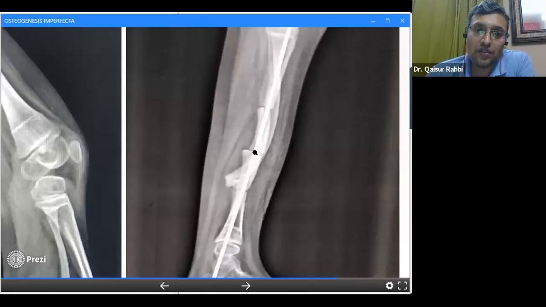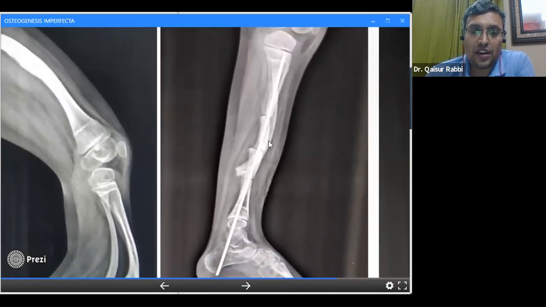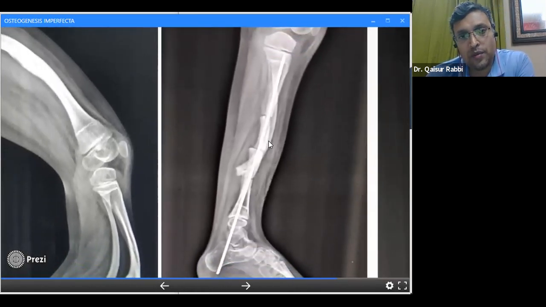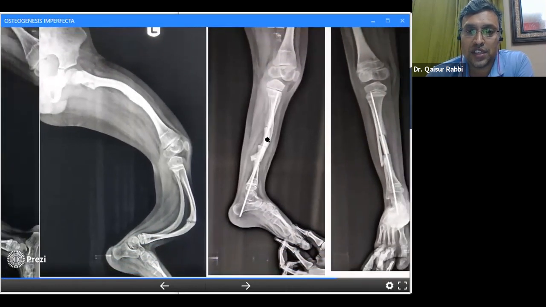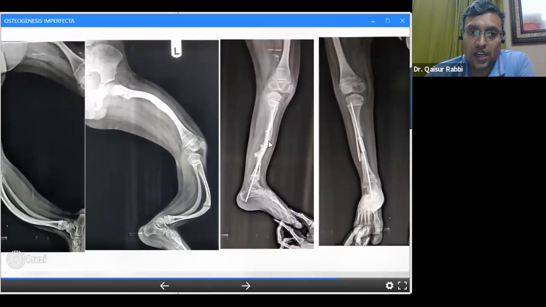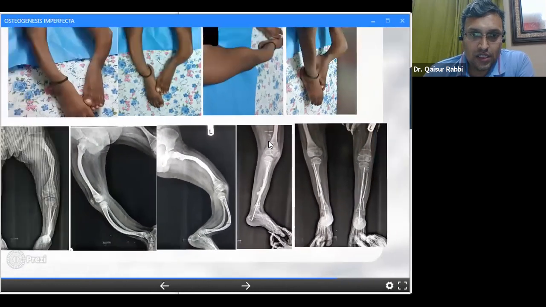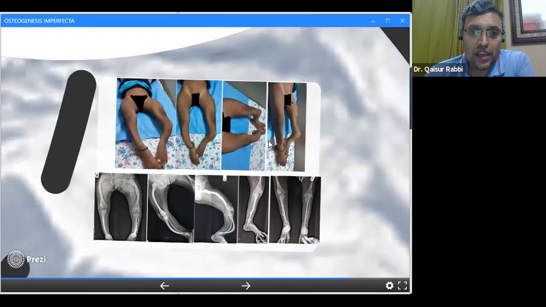After that, when the tip of the implant touches the second angulation point, we go for the second osteotomy and rotate that bone again. At the end, we passed that rod proximally, but we spared the physis. We don't want to hit or injure the physis so that the growth of the child isn't hampered that much.